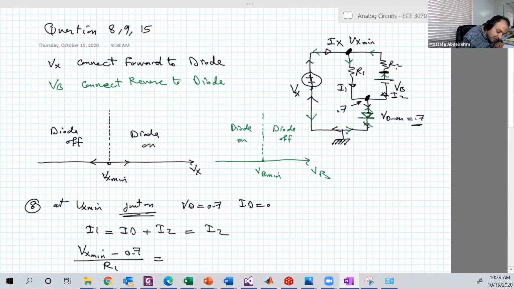That means this is greater than this by VB. So this should be VB plus 0.7, because the voltage difference should be VB. VB plus 0.7 minus 0.7 will be VB. Good. So this point, VB plus 0.7, minus this point, which is Vx minimum, over R2.